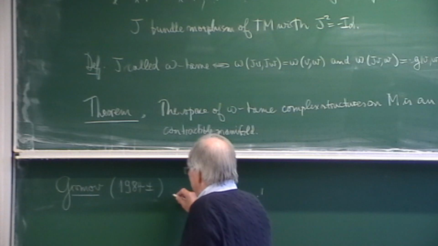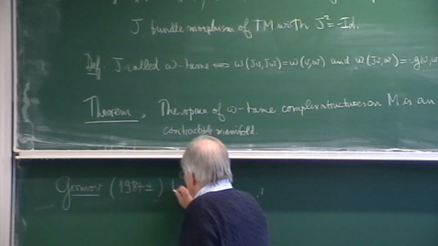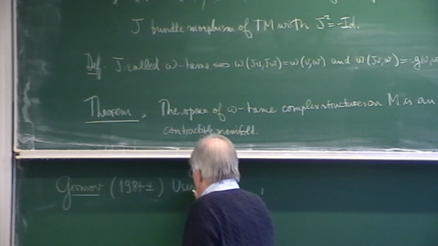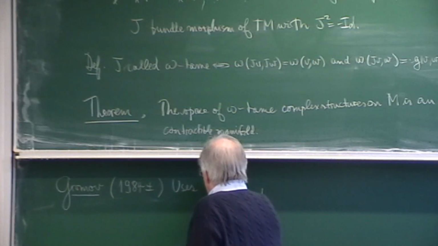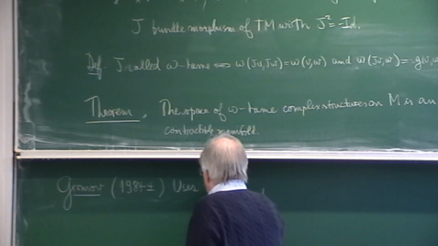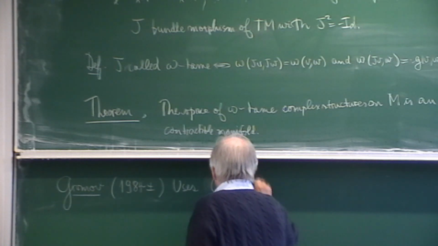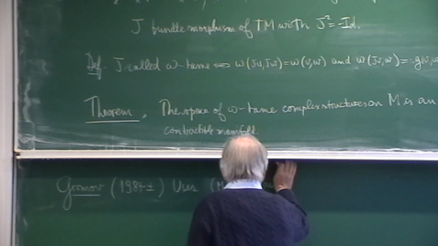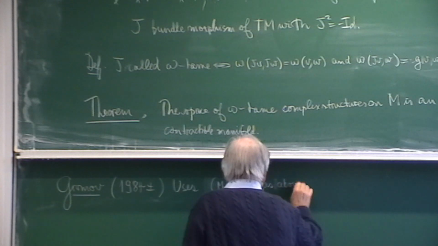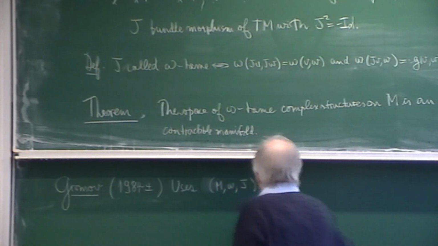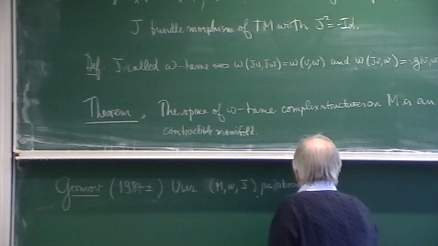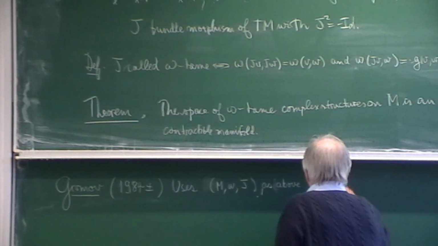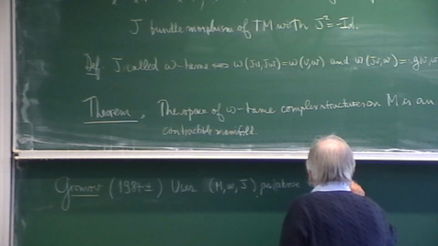And he used these structures, M omega J as above, to prove very deep theorems, deep results.